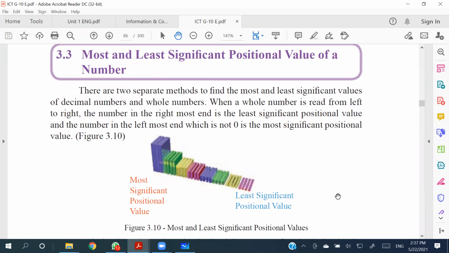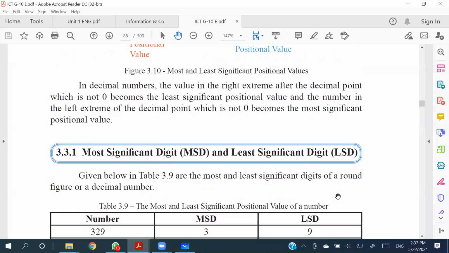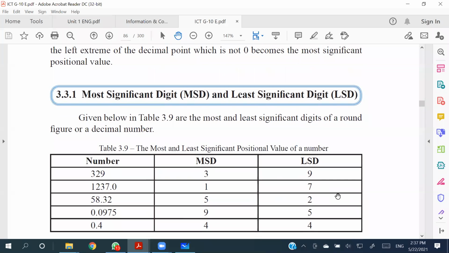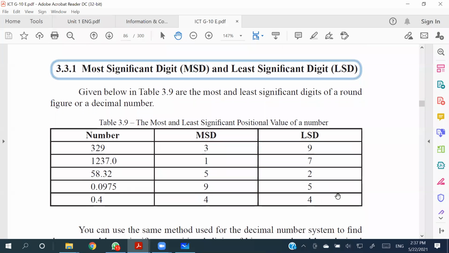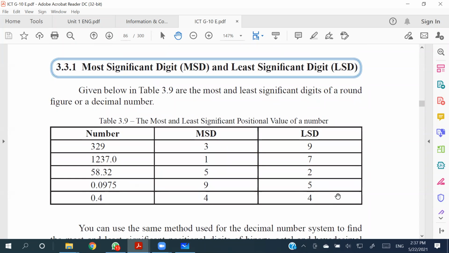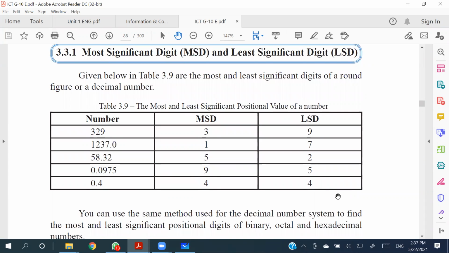In general, we talk about the most significant value and the least significant value, and sometimes we call it a number as well. The most significant digit and the least significant digit are regarding a particular number.